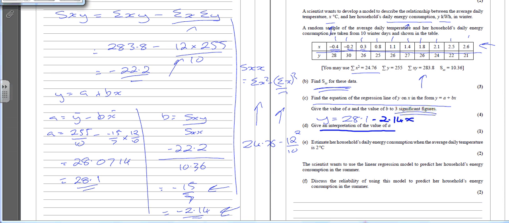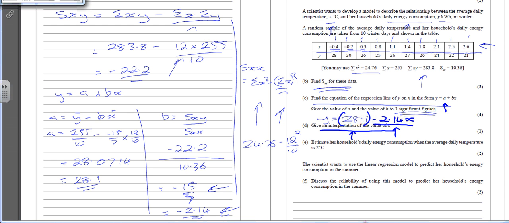Now, we've got to give an interpretation of the value of a. So a is this one here. That a is going to be the value when x is 0. Sometimes they ask you to give an interpretation of the gradient, the thing that's in front of the x, and sometimes they'll give you an interpretation of this one. This one's when x is 0.